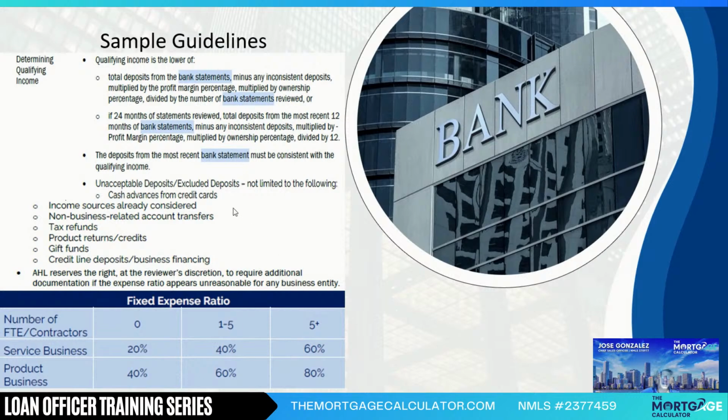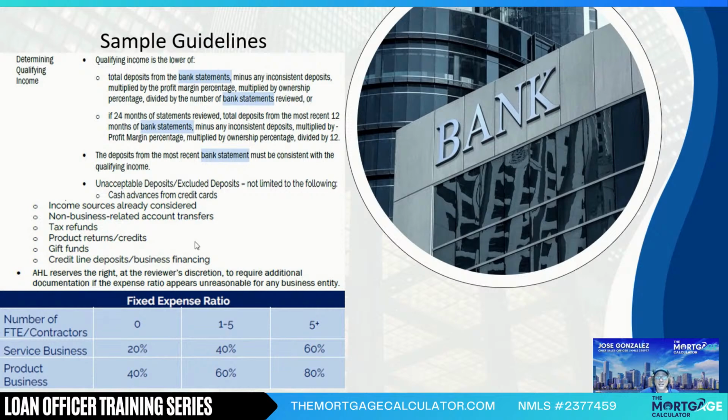So again, you will note, for example, in this one where they talk about unacceptable or excluded deposits, not limited to the following: cash advances from credit cards, income sources already considered, right? You can't double dip. You can't get your W-2 income if you're going W-2 and then add it also as a bank statement deposit.